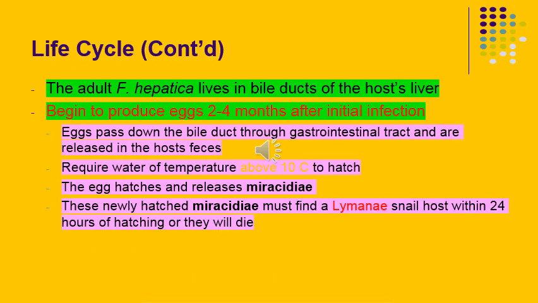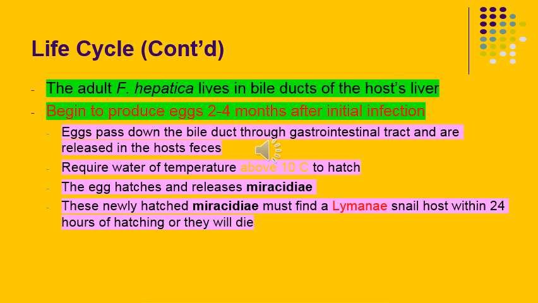In this slide, we continue the life cycle in more detail. As we told you, the adult form of Fasciola hepatica lives in the bile duct of the host liver. After 2 to 4 months, the eggs will be produced, and the eggs pass down the bile duct through the gastrointestinal tract and are released in the host feces.